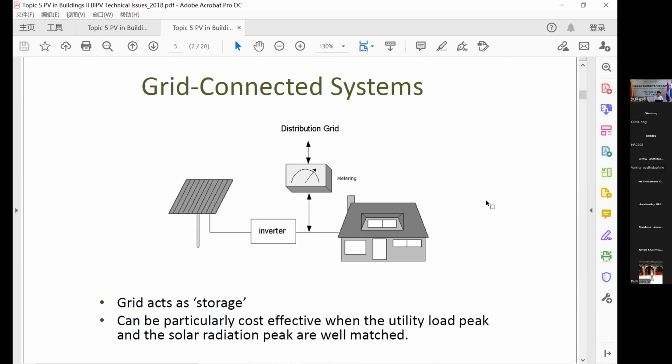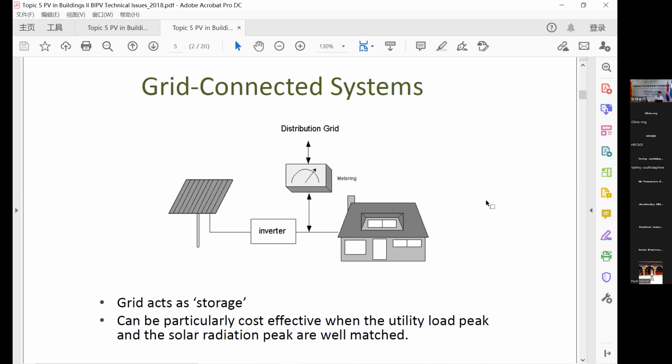For example, we all know the solar system cannot provide any power during the night, but it can provide a lot of electrical energy during the day. But maybe during the day we do not need so much energy. Then how to deal with the excess energy?